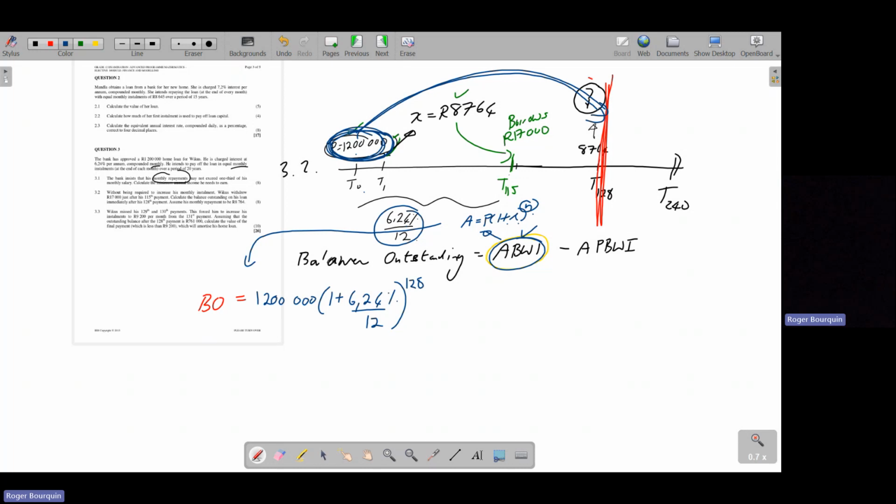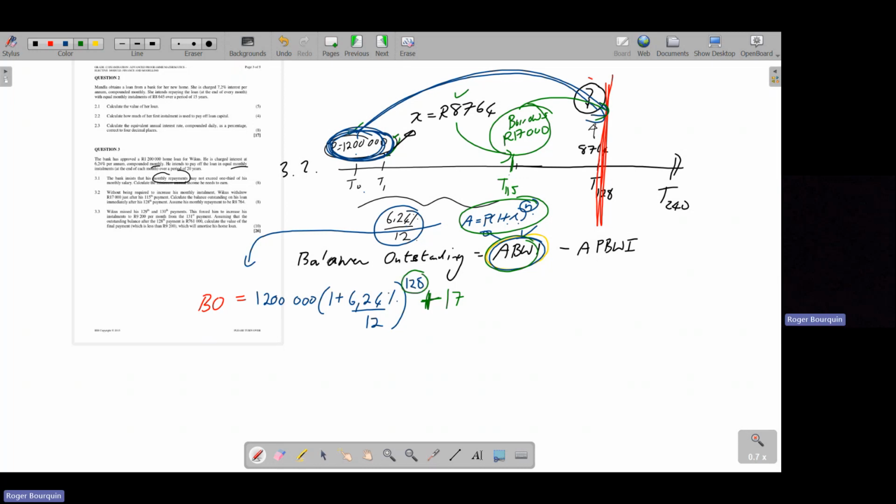But he didn't just borrow that. He also later on went and borrowed this 17,000 rand. So everything's got to move to the same point in the timeline. That's key with finance. So the second amount borrowed with interest, plus, because he owes this amount of money, I'm using this formula again, A is equal to P(1 plus i)^n. So now it's 17,000.